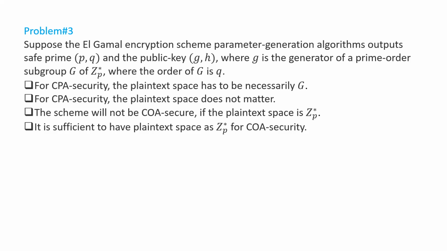So it is some particular uniformly random group element. The same applies for the ElGamal encryption scheme as well, that whatever operation you do there is all around the group operations. So the plaintext space also has to be necessarily in G. If you take any element outside the group G, then your security is hampered.